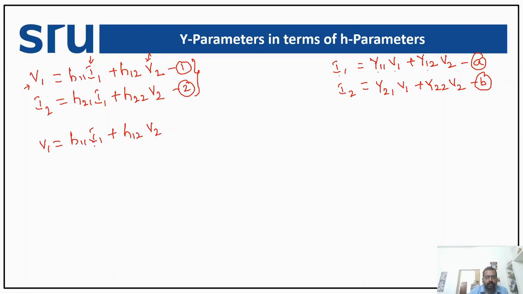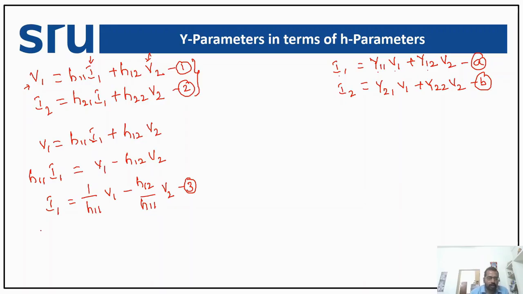So let us keep this I1 on the left hand side and the voltage terms on the right hand side. So we are going to get H11 I1 equal to V1 minus H12 V2. Now we are going to get I1 as 1 by H11 V1 minus H12 by H11 V2. Let us keep this as equation 3.